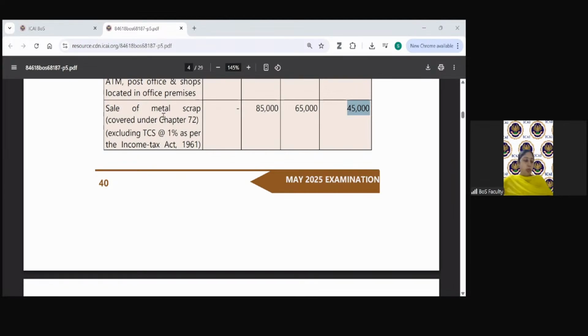I had already computed that amount. That will come out to be 8,100 if we compute 18% of 45,000. And if we add that amount to 45,000, that will become 53,100. So that is the total value including tax.